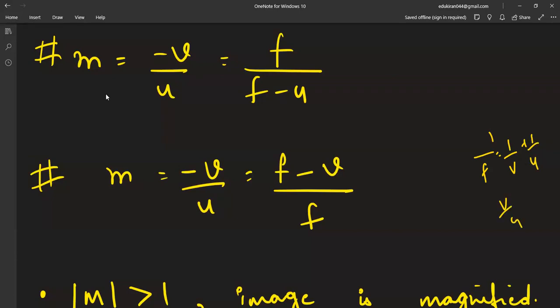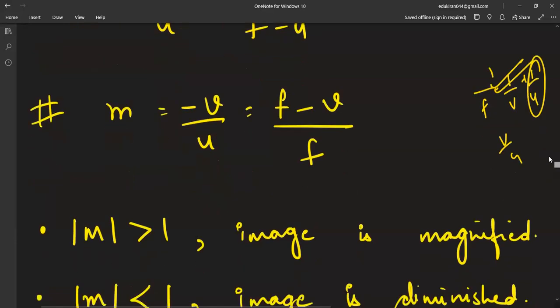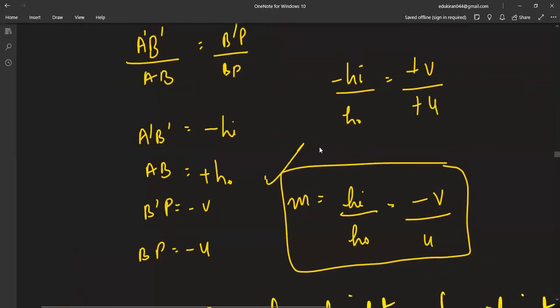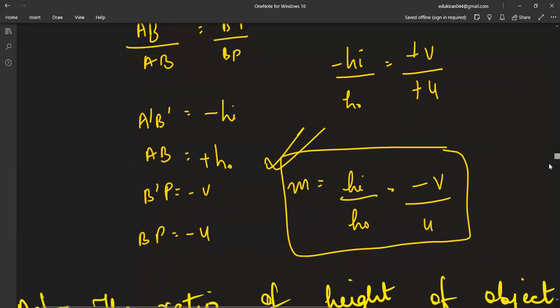So you will basically get magnification equal to F by F plus U. If you substitute the value of U, you will get F minus V by F. If you substitute the value of V, you will get F by F minus U. These are two more formulas which can be helpful sometimes, but otherwise this is the formula that you have to actually use.